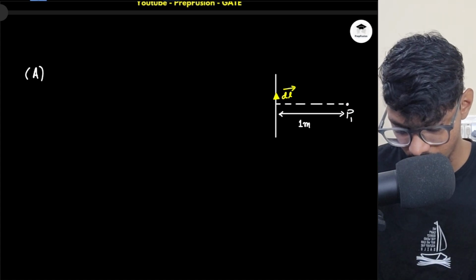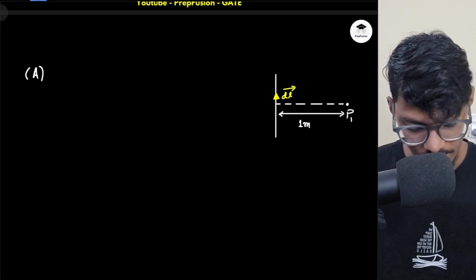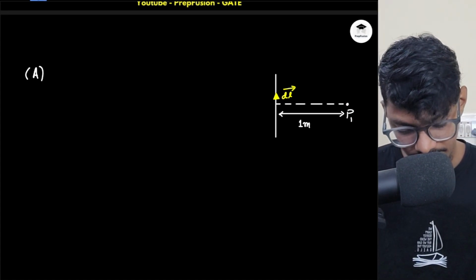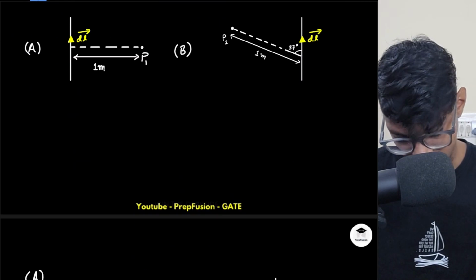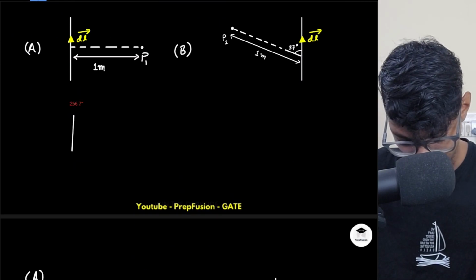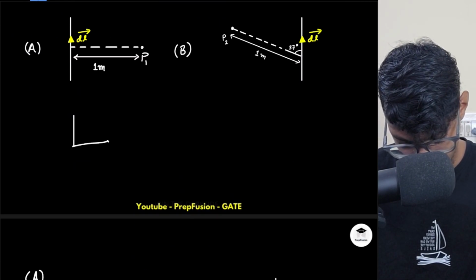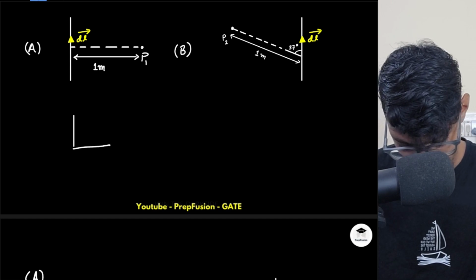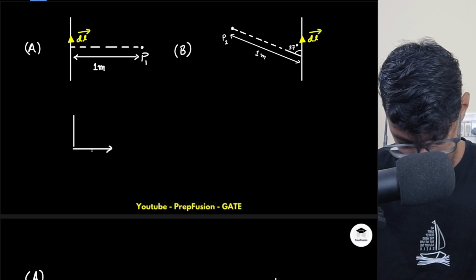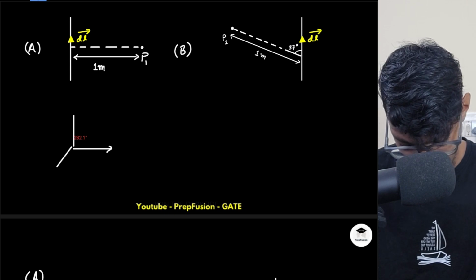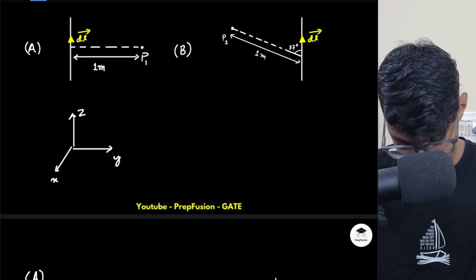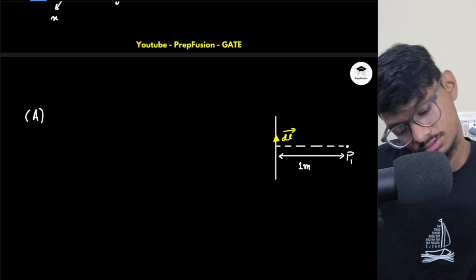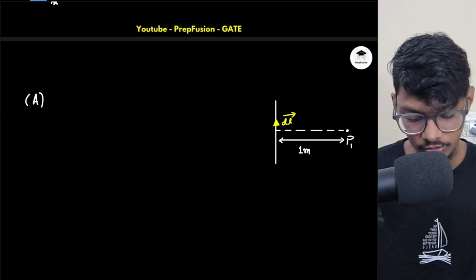So I will take the cylindrical coordinate system, and for my dl, in the cylindrical coordinate system, I will show you here. X, Y, Z is something like this.